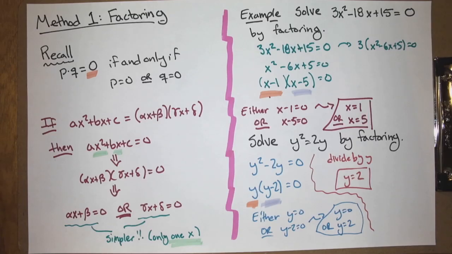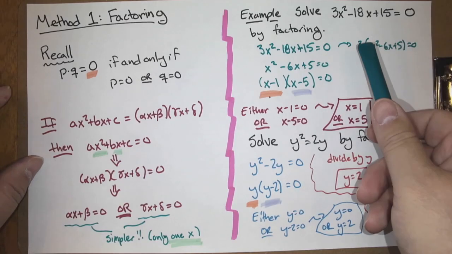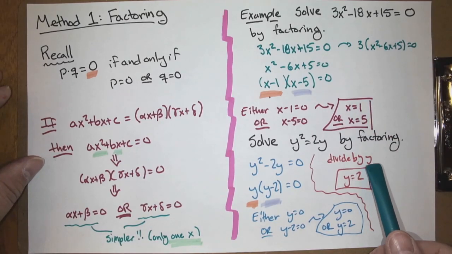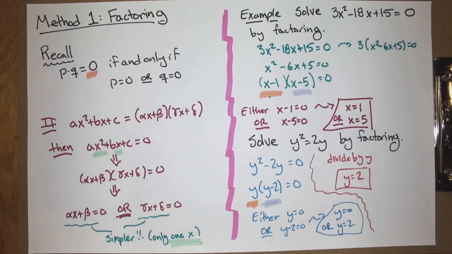So how did we lose the y equals 0 solution? So why is it we could divide by 3 and be like, oh, that's so cool. But here we're like, divide by y, ugh, we lost solutions.